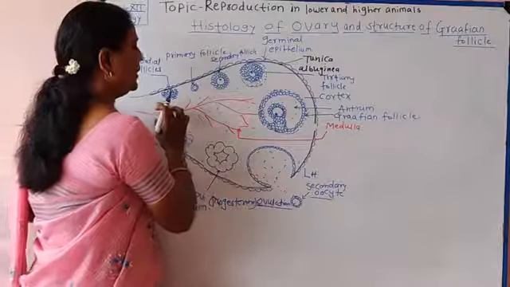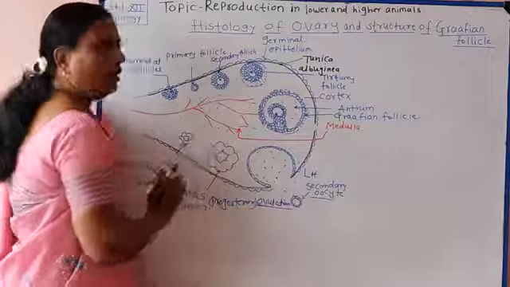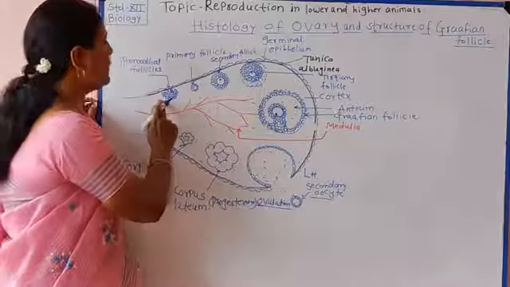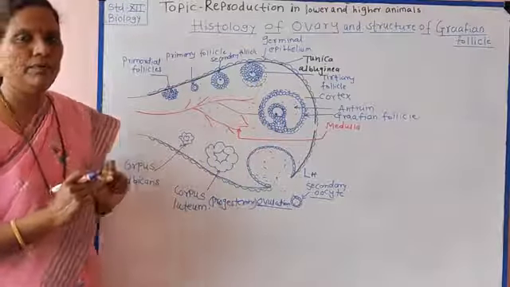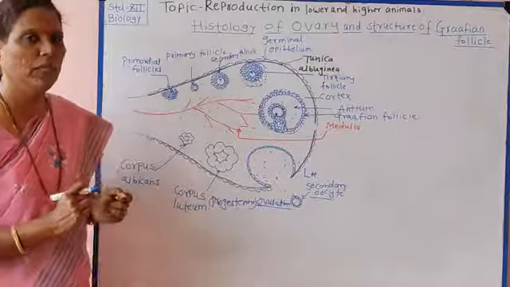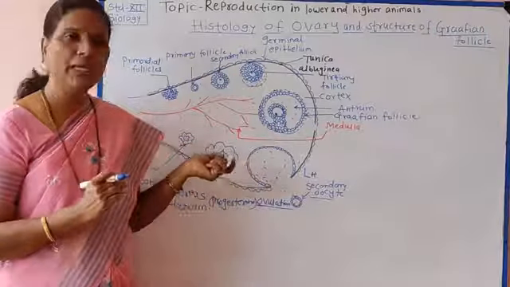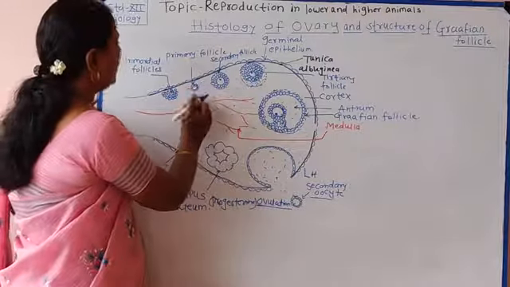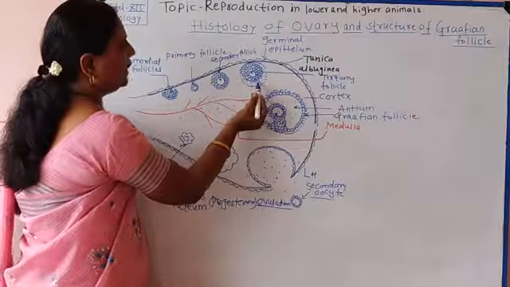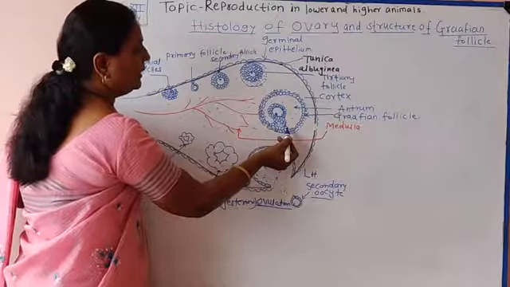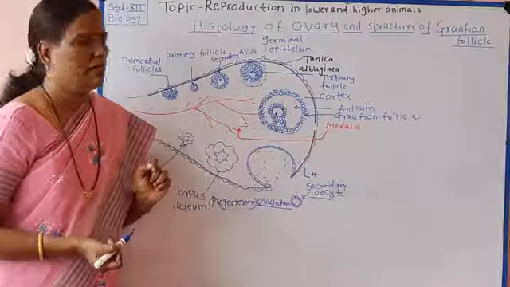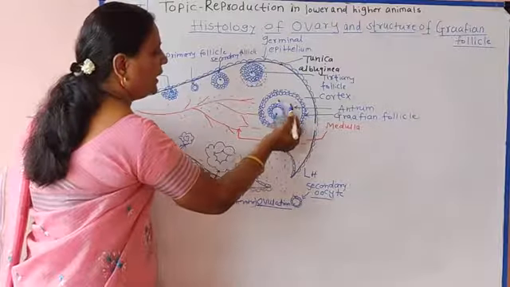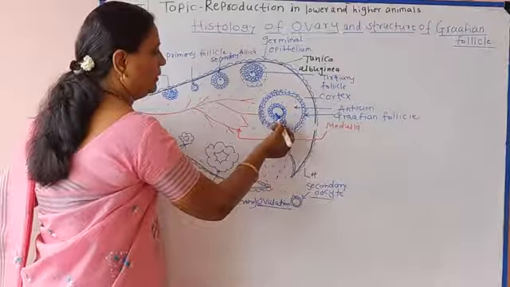In the cortex region, there are different developing stages of the ovarian follicles. First, the primordial follicles develop under the effect of FSH, the follicle stimulating hormone secreted by the anterior pituitary, and these primordial follicles start developing into primary follicles, then secondary follicles, then tertiary follicles, and next the Graafian follicle. In the Graafian follicle we can see a fluid-filled cavity called the antrum.